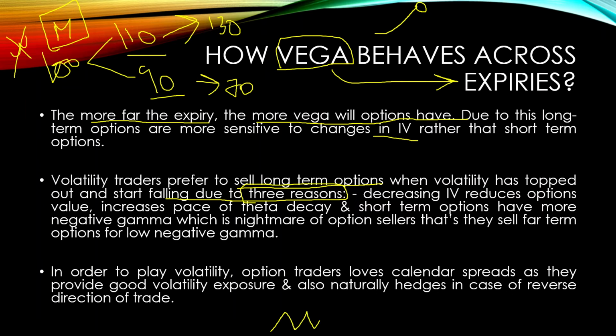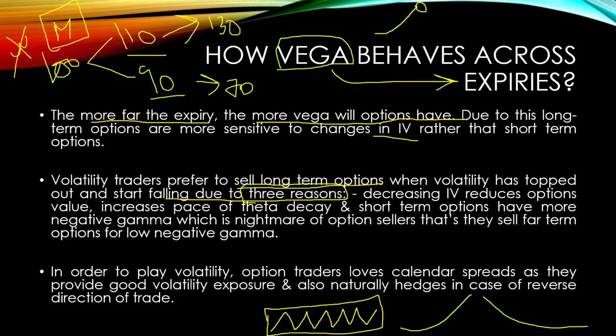It moves like this. This is not like a stock. A stock can move like this or fall like this, but that is not the case with volatility. Volatility is kind of sinusoidal. It moves up, it comes down, it moves up, it comes down. It always stays in a range-bound manner. So this is the nature of volatility.